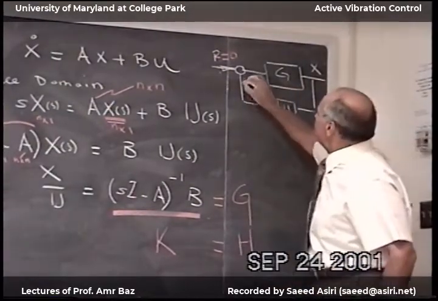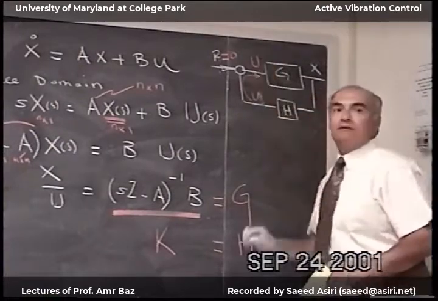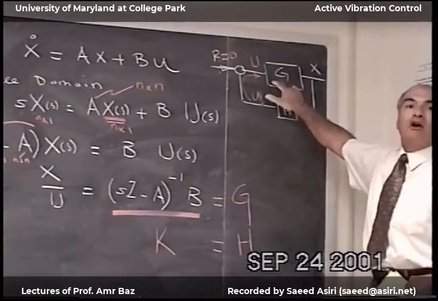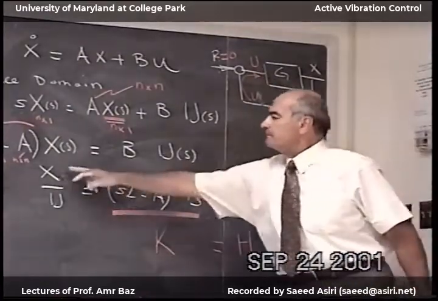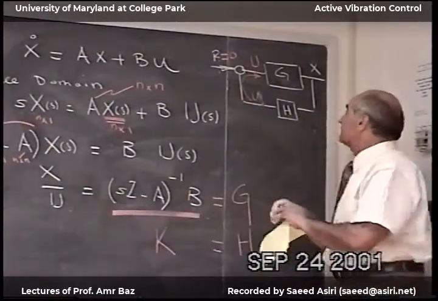And what comes here is also U. So now if you look at the forward loop, we have X over U is equal to this.